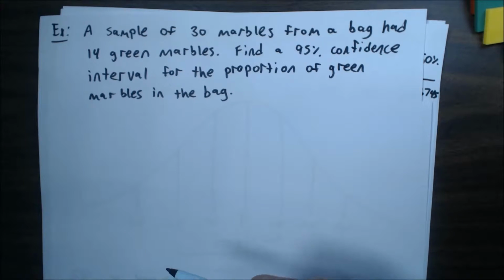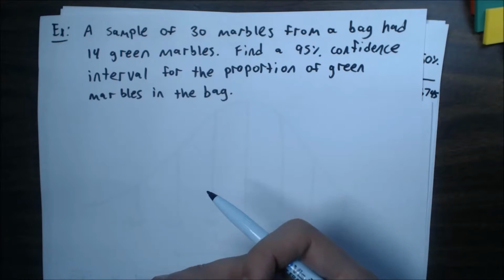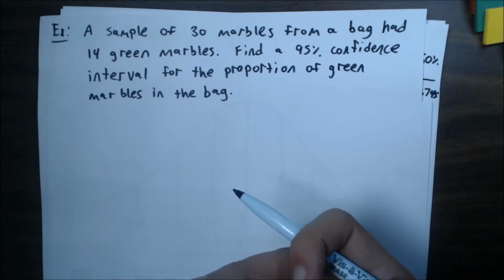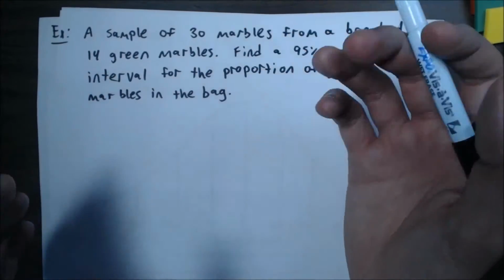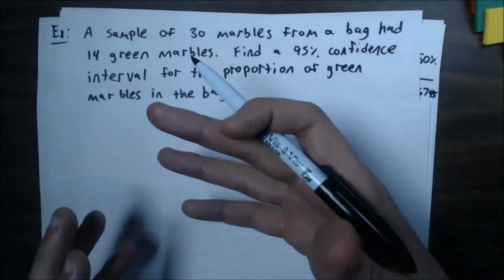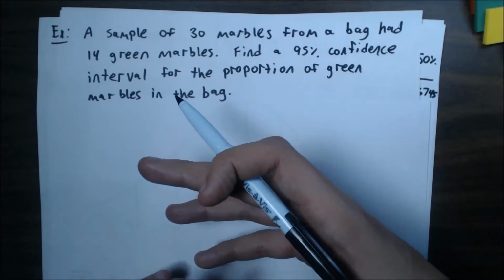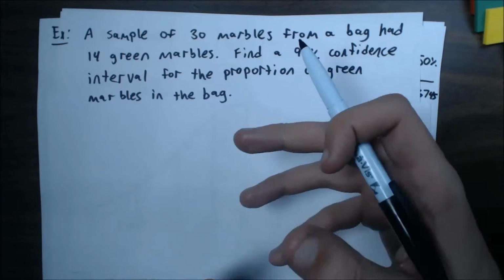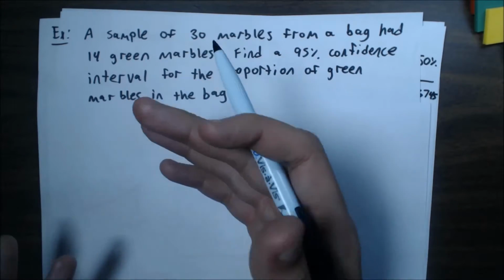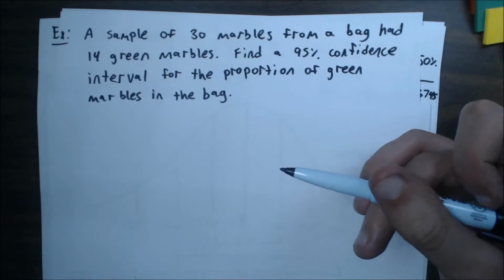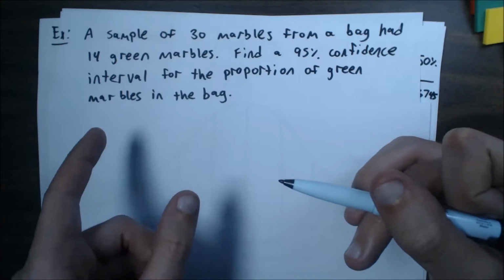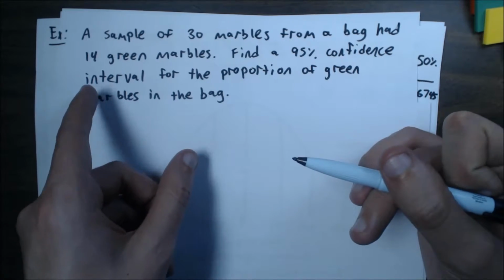So what we're talking about here is we want to come up with some estimate of what proportion of marbles in the bag are actually green. You would think, hey, we took a sample of 30, so 14 out of 30, that must be the percentage of marbles in the bag that are green. Well, remember, that's just one sample, okay? One sample, it's probably pretty close, and that probably is the key word. How likely is it that that actually is the population proportion?